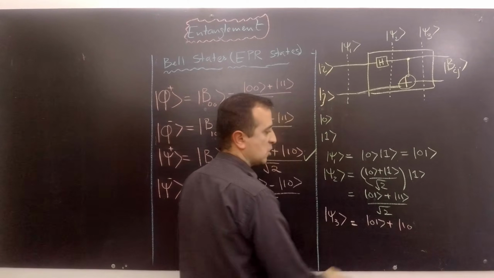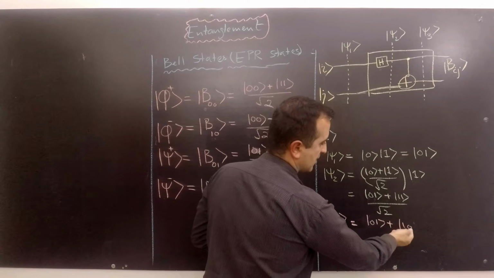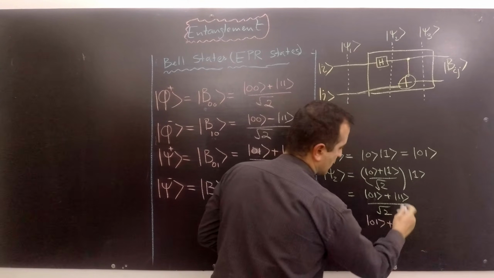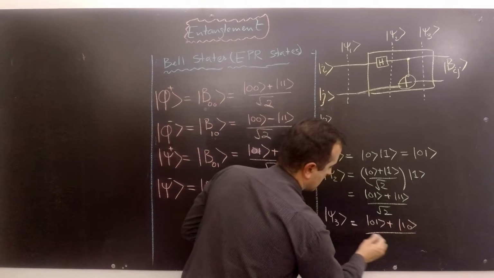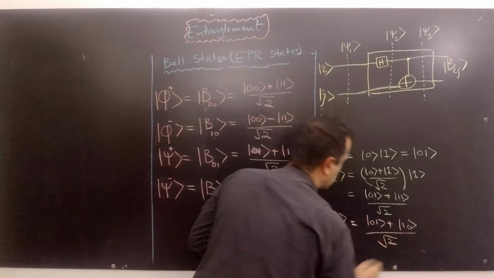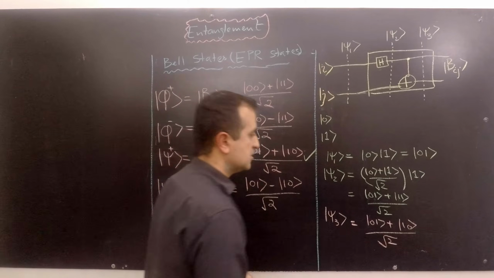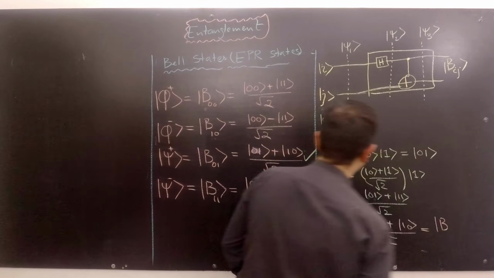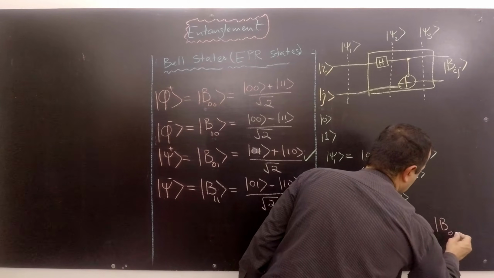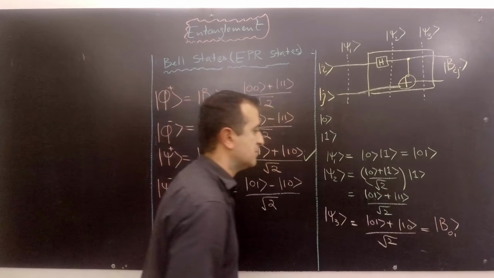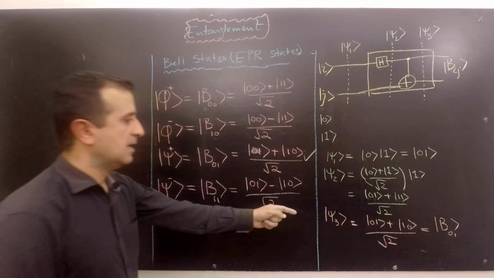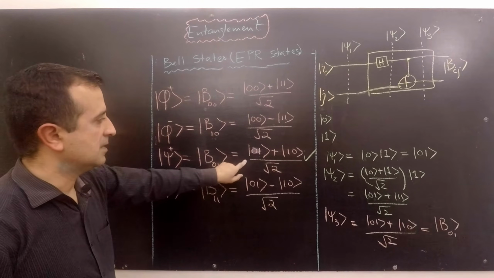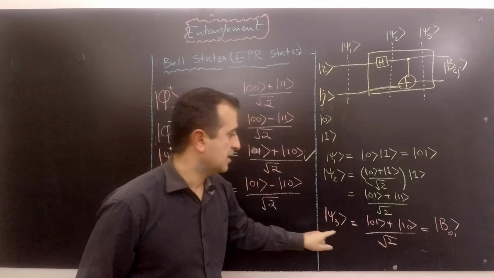In this case the first qubit was 1, so the second qubit flipped from 1 to 0, all divided by square root of 2, and that's it. This must be equal to Bell state 0 1, otherwise we have made some mistake. So let's check, and Bell state 0 1 is the same as psi 3.